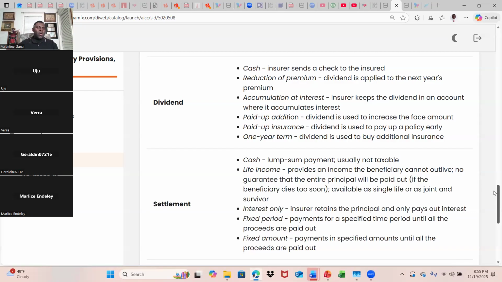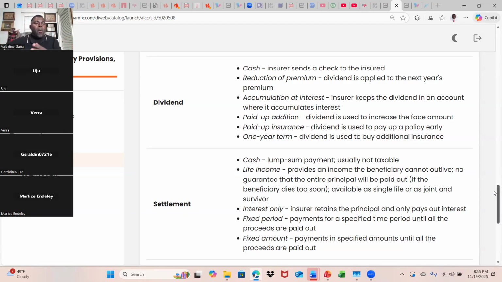Another name for participating companies is mutual insurers. The owners of policies actually become stakeholders in the company. So they are part owners of the company, depending on some calculation.